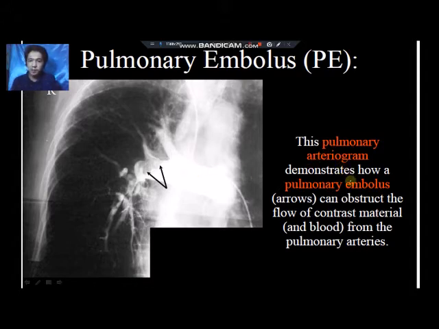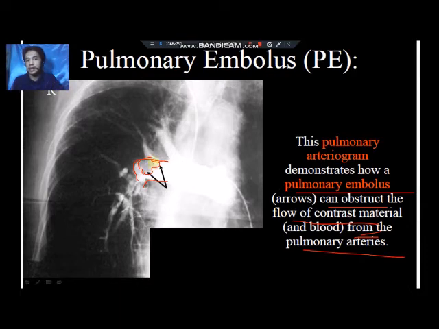Pulmonary arteriogram demonstrates pulmonary embolus. Okay, so arrows, siya, pulmonary embolus can obstruct the flow of contrast material from the pulmonary arteries going towards the lung tissues. So this is the pulmonary artery of the patient, and then as you can observe na ay medyo grayish nga portion. Okay, so supposedly white unta na sila tanan.